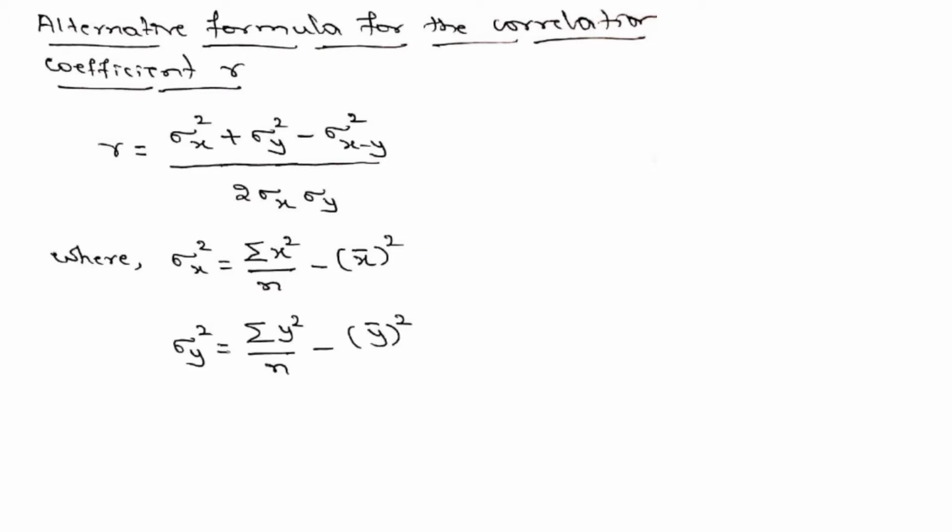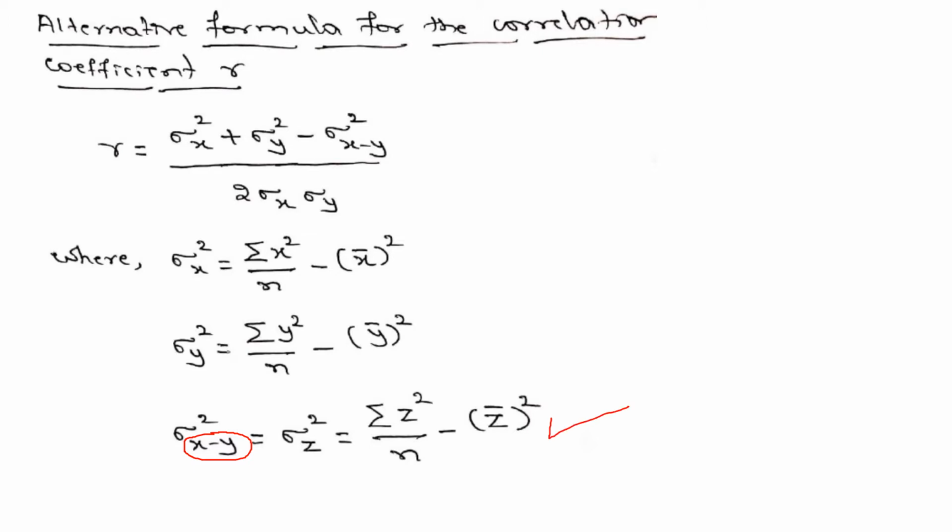Similarly, we can find sigma y square by using this formula, and sigma (x minus y) square can be found by using this formula, where z is nothing but x minus y. This z is also x minus y because the variable is x minus y here. We will learn how to find all these values while we solve the problems.